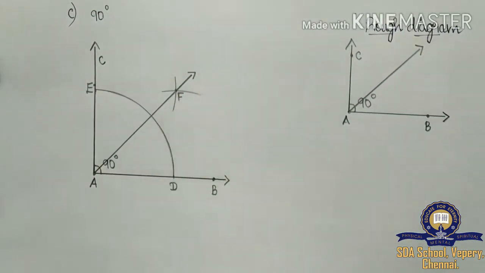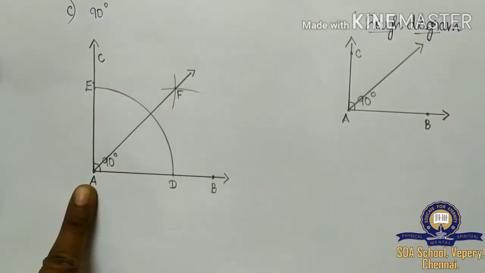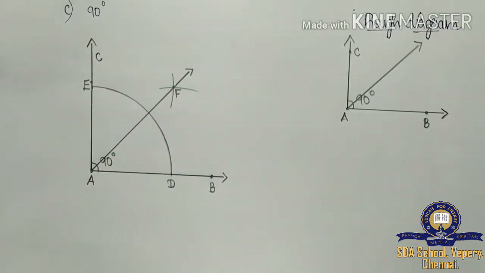Now AF is the required bisector of the given angle ABC.